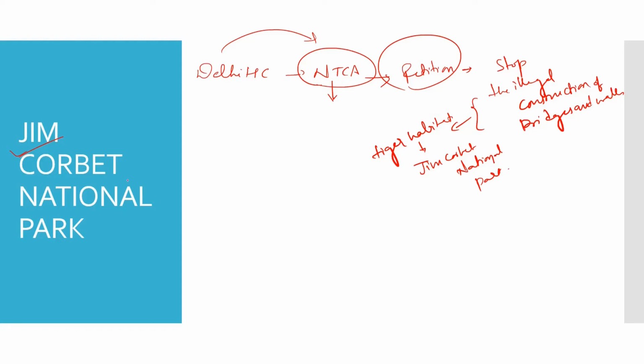Now, first we'll see about the Jim Corbett National Park, where it is actually situated. It is in the Nainital district of Uttarakhand.